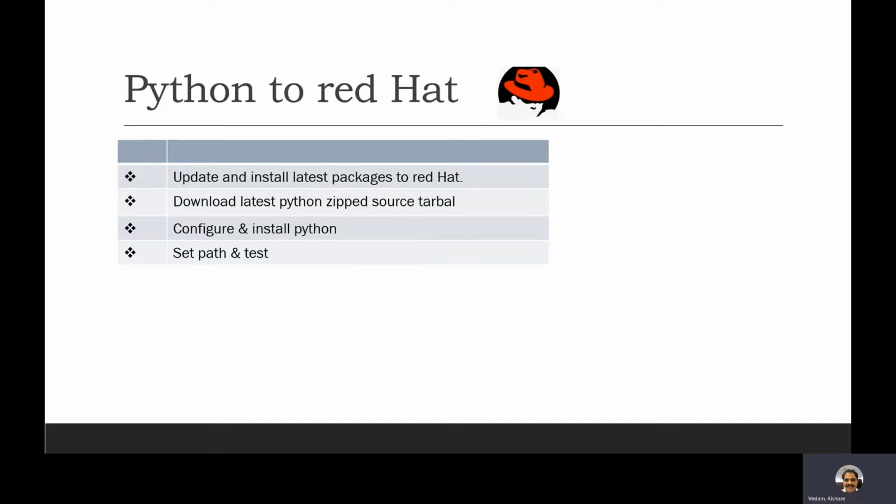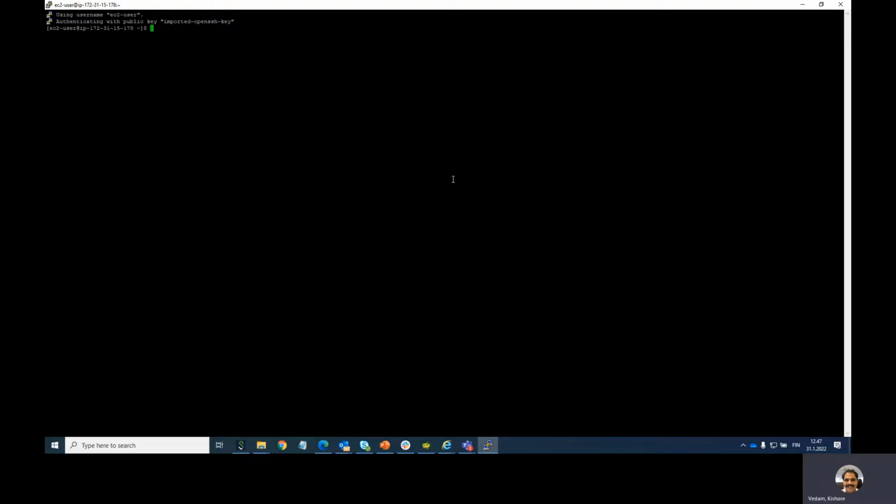Now let's go to the installation. The command cat shows the Red Hat Enterprise Linux release 8.4 we are using. Nowadays many Linux distributions come with a default Python.